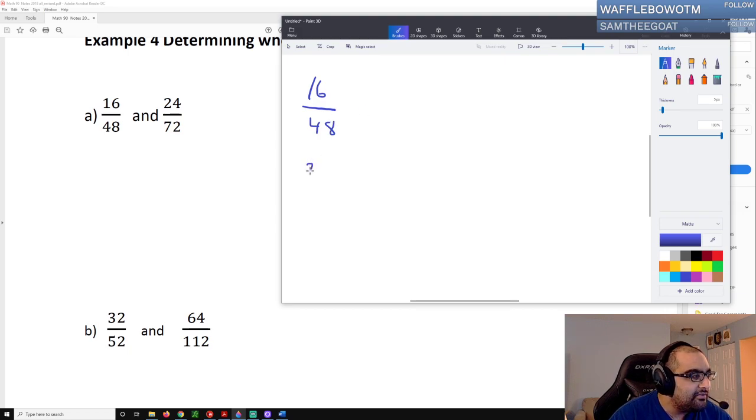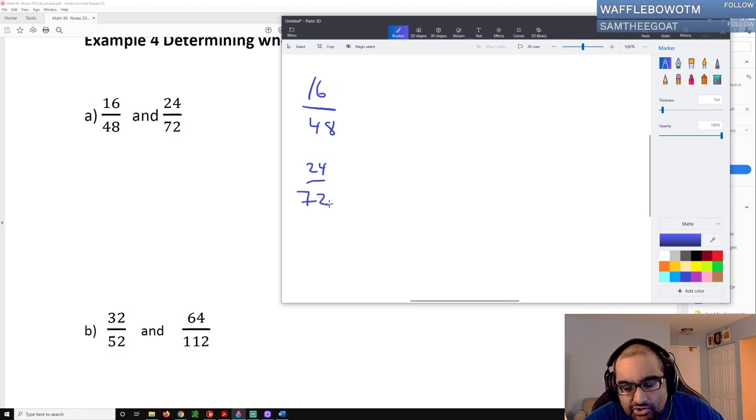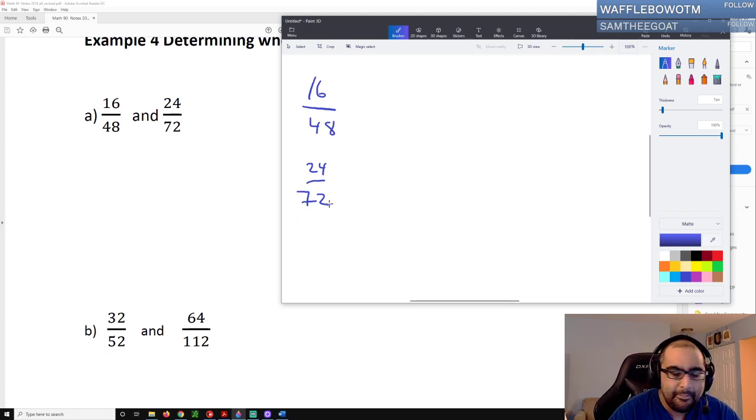If these two fractions are equivalent, they should be equal to the same reduced fraction after everything is said and done. Once they are, we should be good to go. Let's look at the first one, 16 over 48. What can we divide by in order to reduce this fraction down?